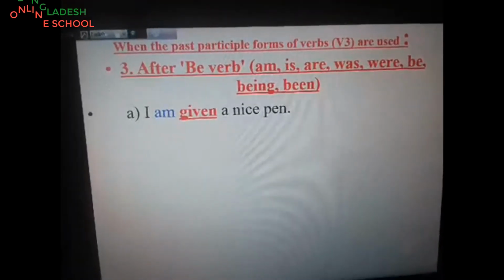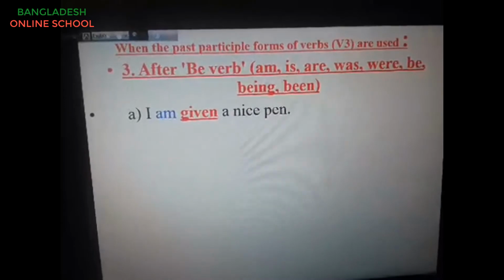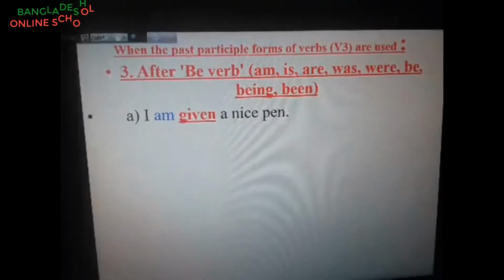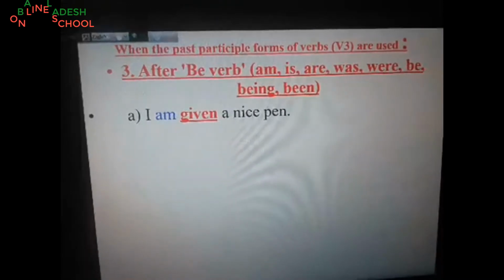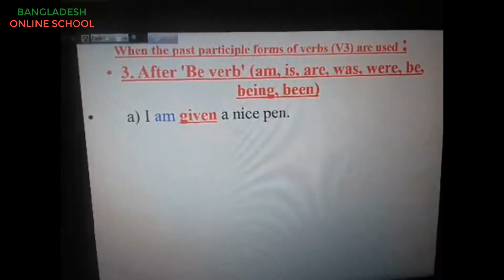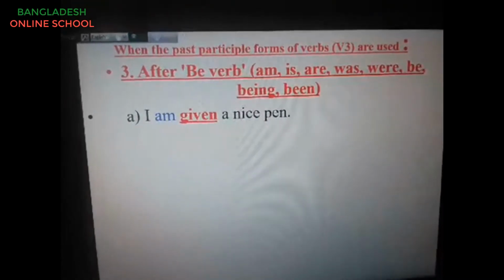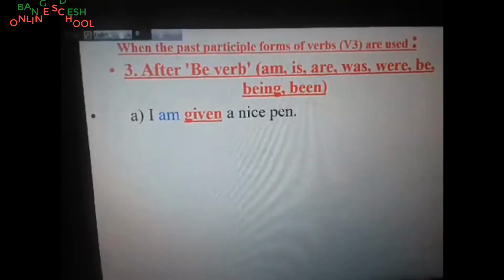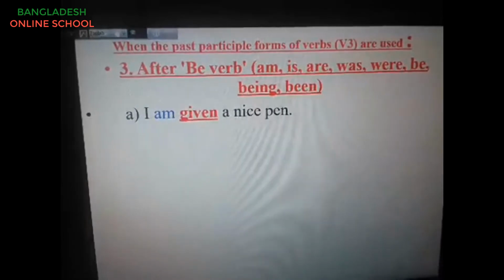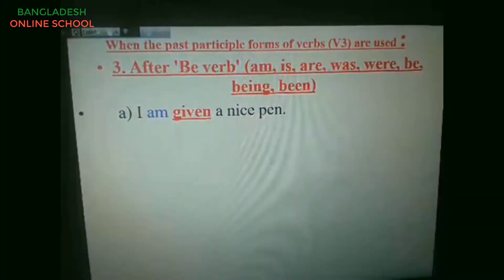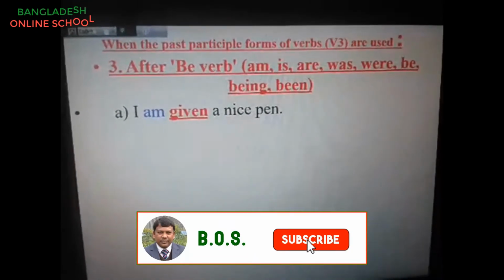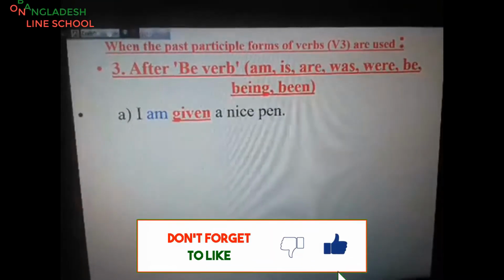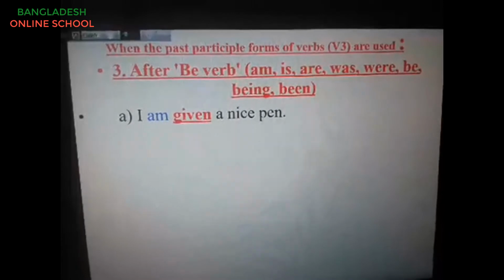Here, given is the past participle form because this sentence is expressed in passive expression. Here, you see I as a subject, but I here is not a doer. I is a non-doer. That is why after the be verb am, given is used.